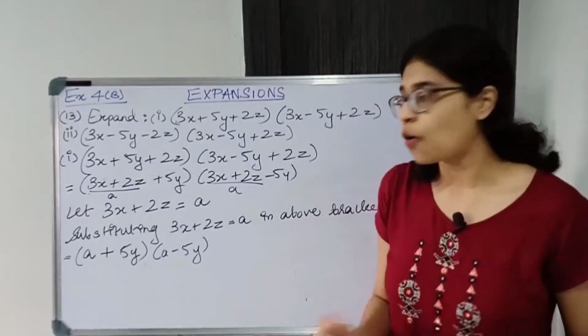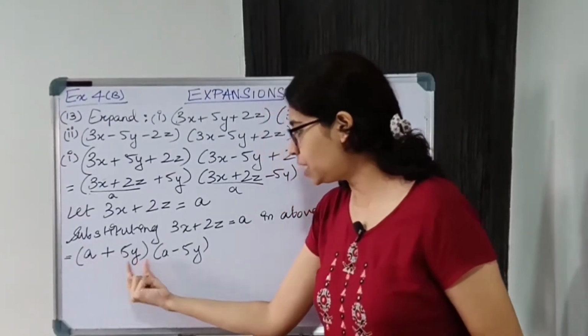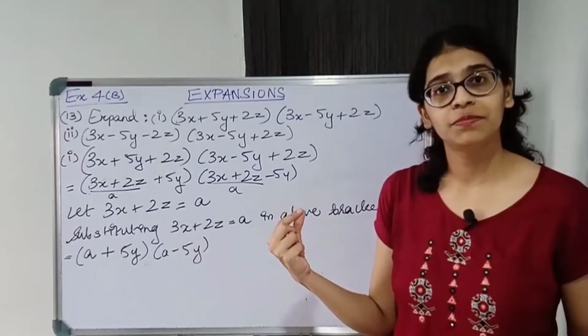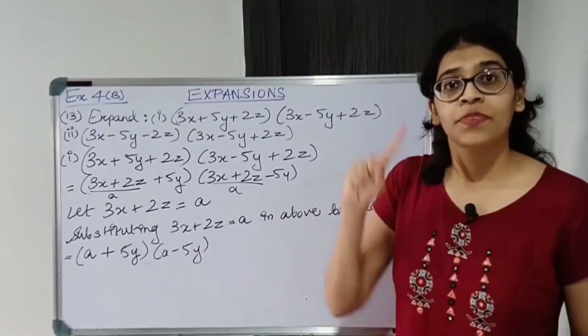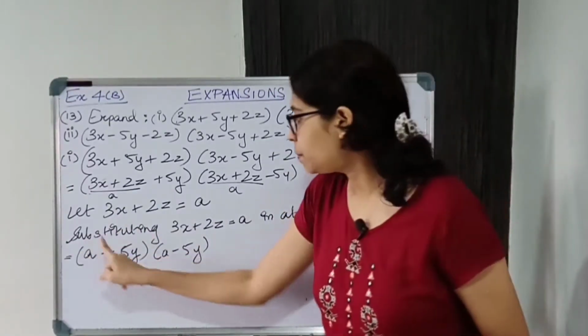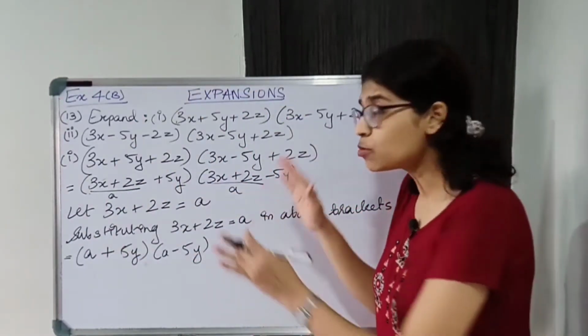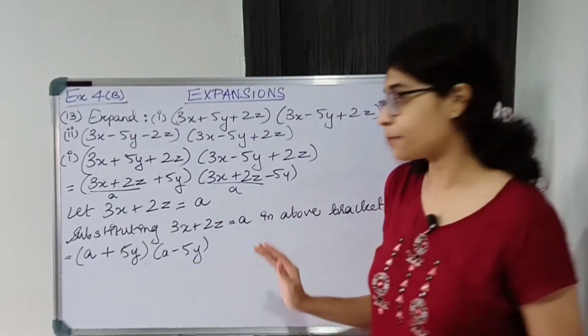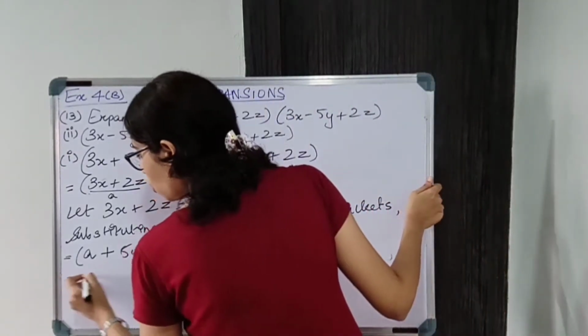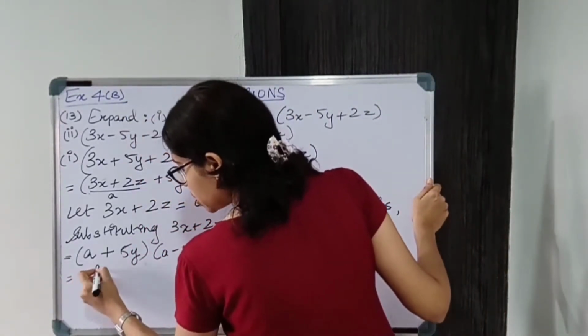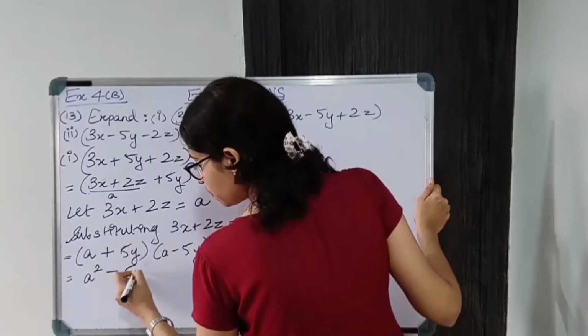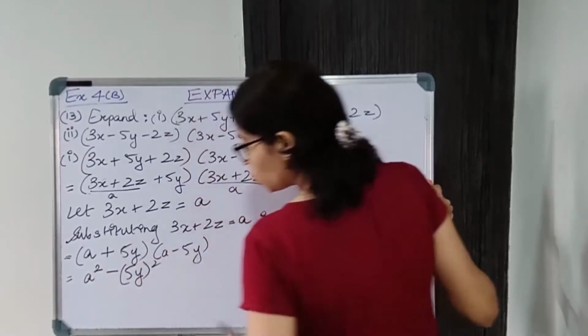This is of the form a plus b into a minus b. Okay, recall the identity. A plus b into a minus b is a square minus b square. So it has become so simple now. So a square minus 5y square.